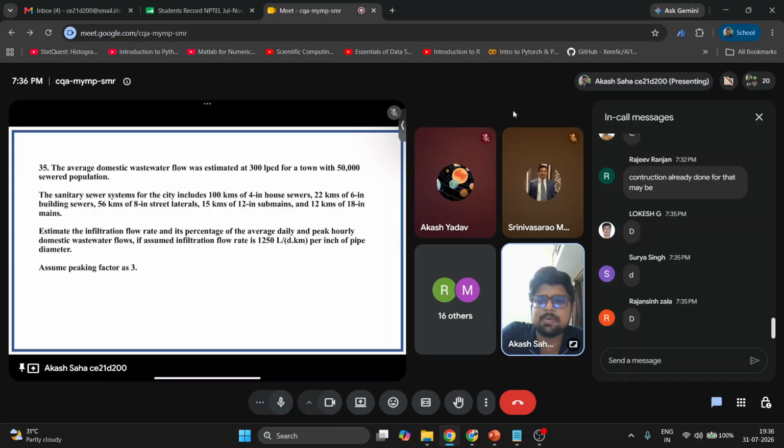So one last problem, you can take it as your homework. This is a little lengthy problem, so we won't solve it here now. Just take a screenshot of it. The question says that the average domestic wastewater flow was estimated to be 300 LPCD for a town with 50,000 sewered population.